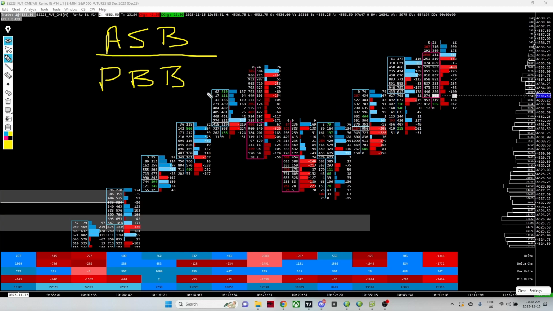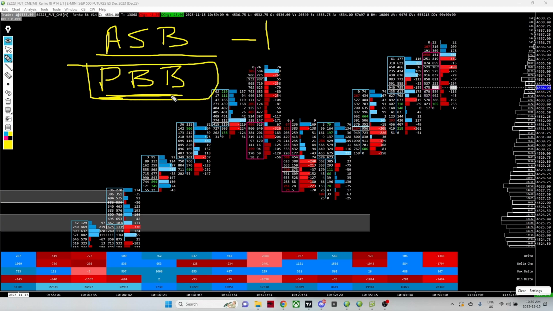I'm going to be an aggressive seller at the bid. What is that going to show up as on the deltas? It's going to be a negative delta because I'm aggressively hitting the bid. Passive buyers on the bid. If I'm aggressively selling the bid, what do I need sitting on the bid? I need a passive buyer to transact my contract, right?